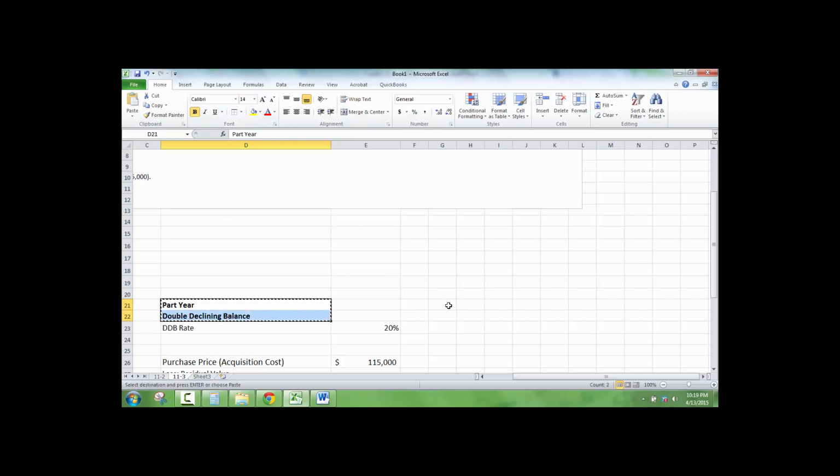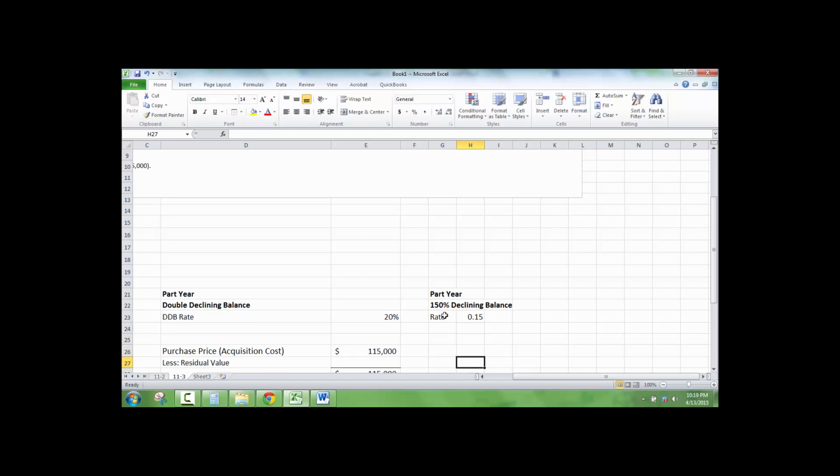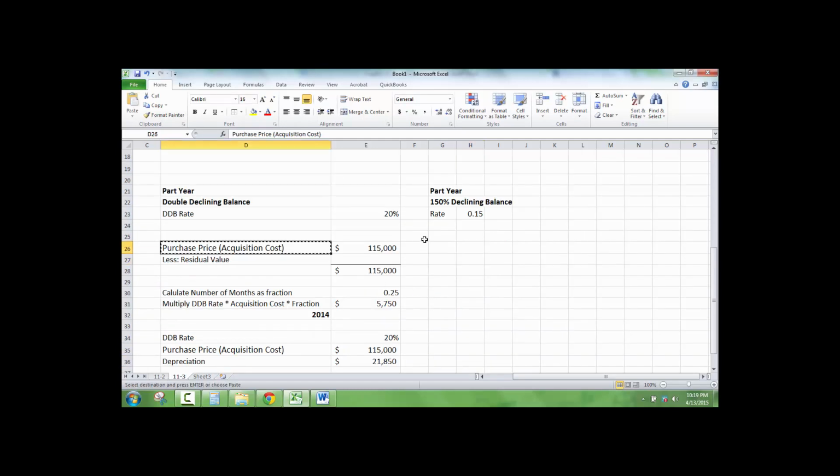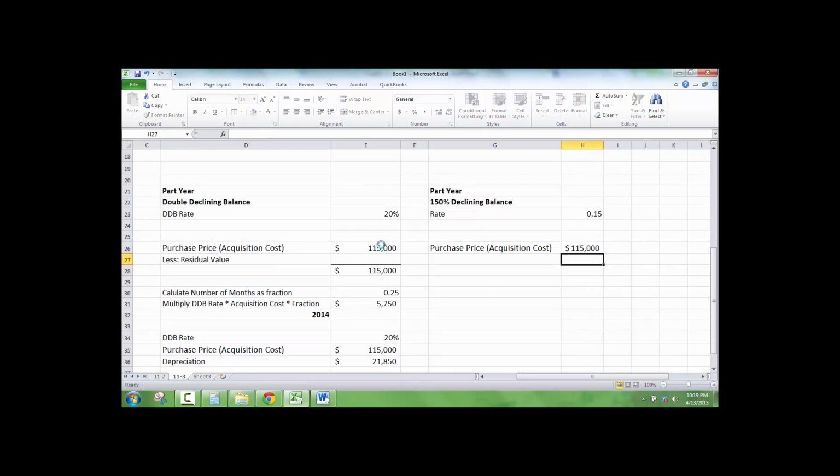Now part year 150% declining balance. Our rate equals 15%. Our acquisition cost is still the same, 115,000.